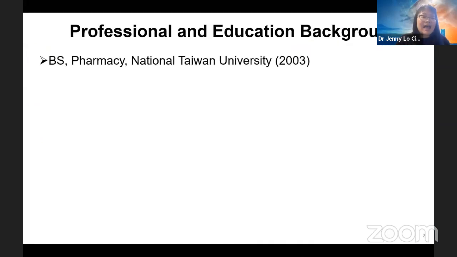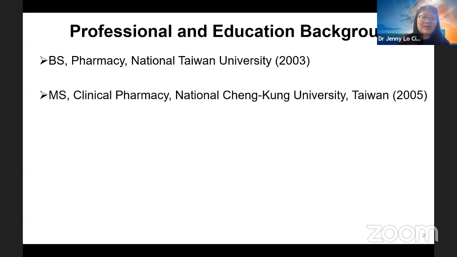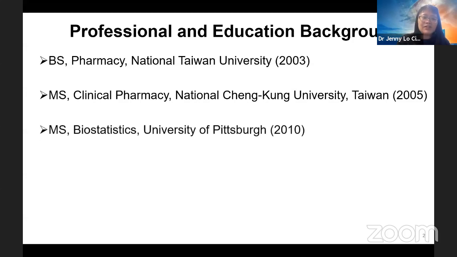About me: I received my pharmacist training from National Taiwan University. I'm from Taiwan, so you can probably tell from the year and guess my age. I'm getting older. I received my master's in clinical pharmacy in Taiwan too. In 2006, I wanted to bridge research and clinical practice, so I went to the US to pursue my PhD in epidemiology at the University of Pittsburgh.